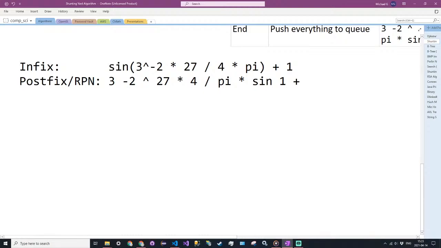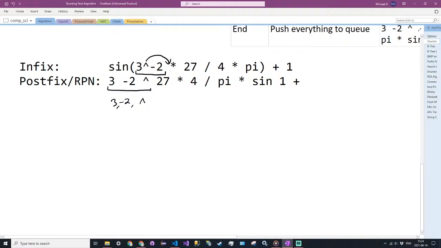So let's start by looking at this. The 3, 2, and the exponent sign is almost identical to the infix notation, except that the exponent sign has been pulled out to the back. So we want to have a 3, -2 linked by an exponent sign.